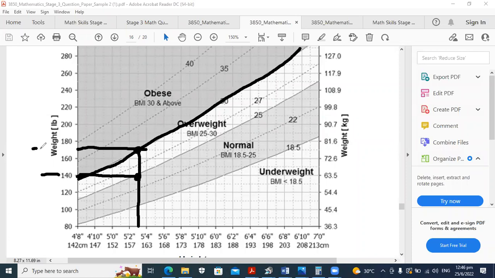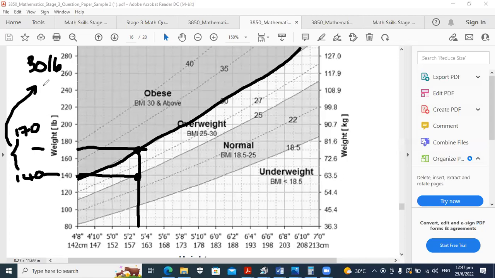So the person weighs 170. So 140. So the person needs to lose what? A minimum of what? 30 pounds. All right. And that's what they do, and actually tell you, so boy, you need to work at this to be what? Normal. All right.